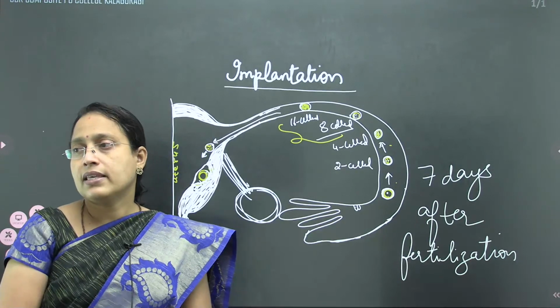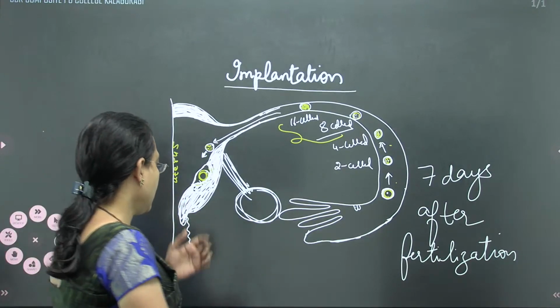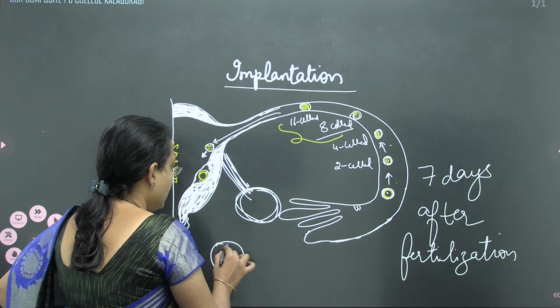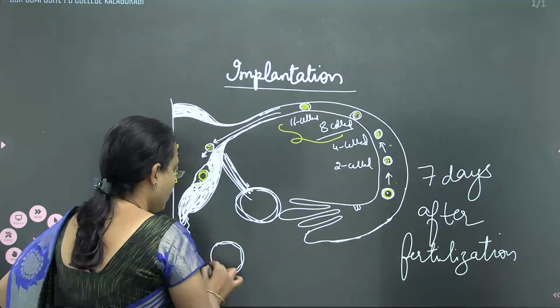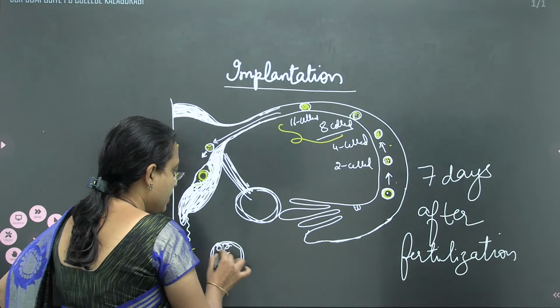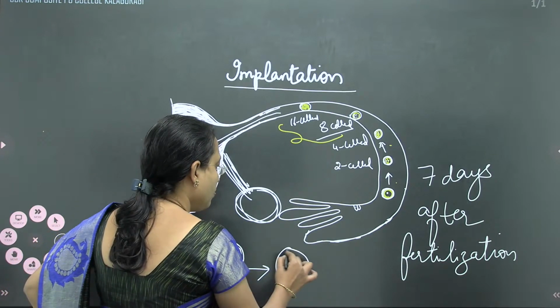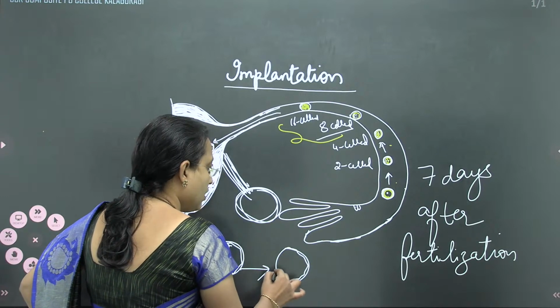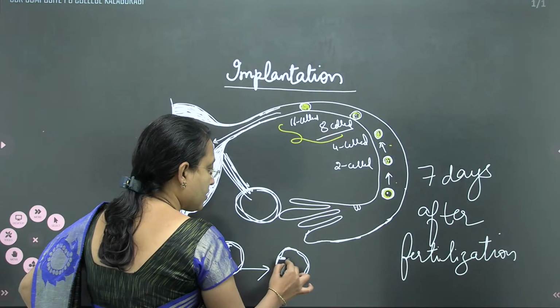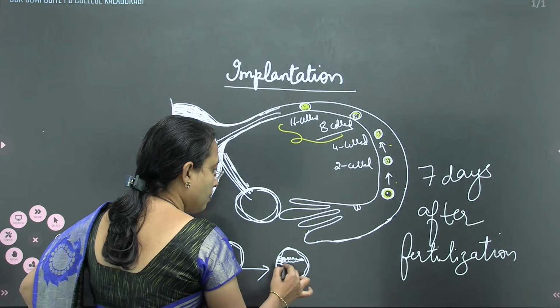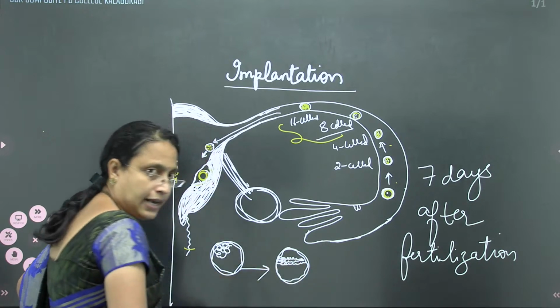So what happens after implantation? For example, this is the blastocyst with ICM. The blastocyst will form 3 germ layers: ectoderm, mesoderm, and endoderm.